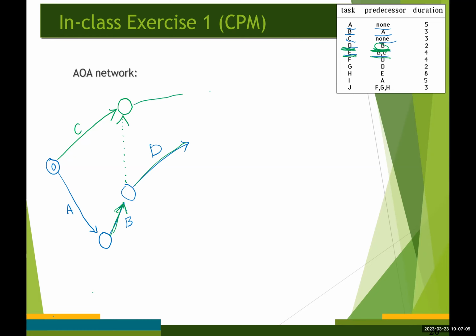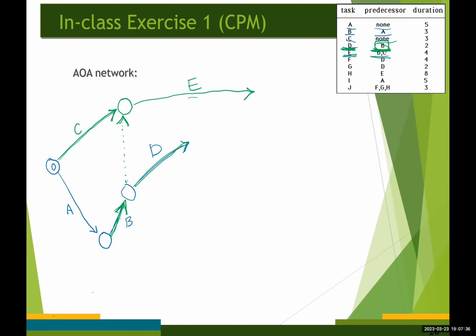After that, we're going to have activity E up here. So with this network diagram, activity E has two predecessors, B and C. However, D has only one predecessor.